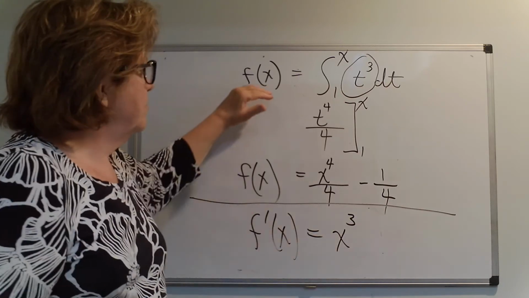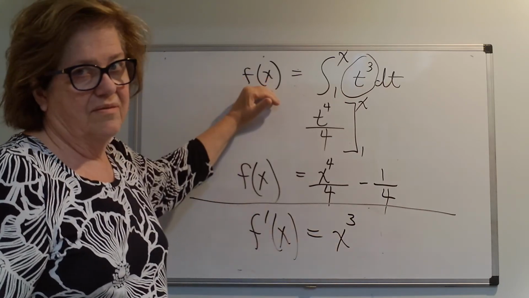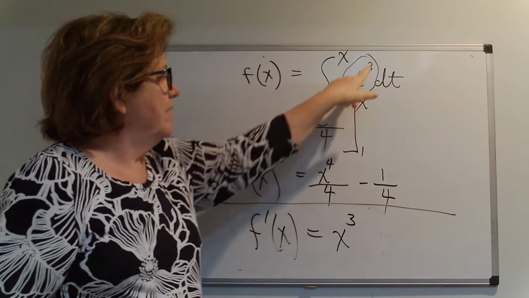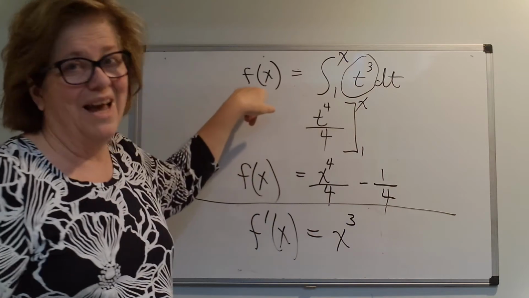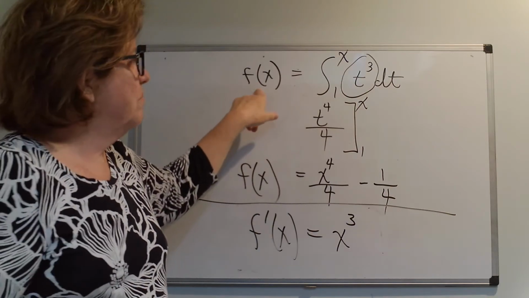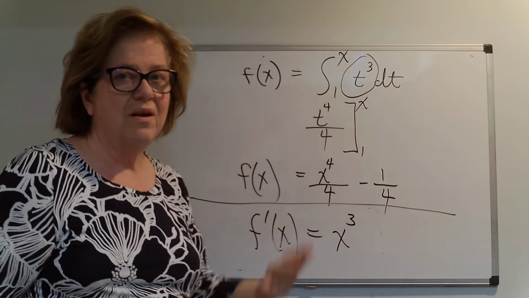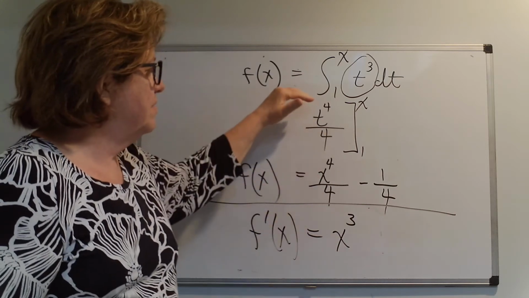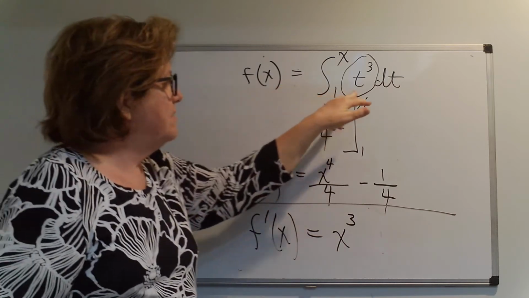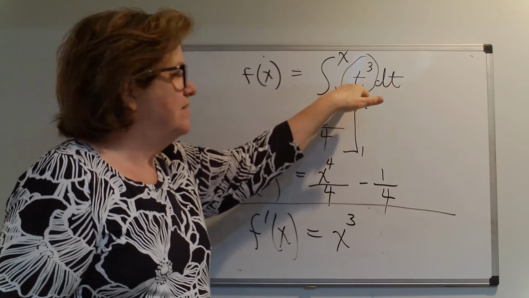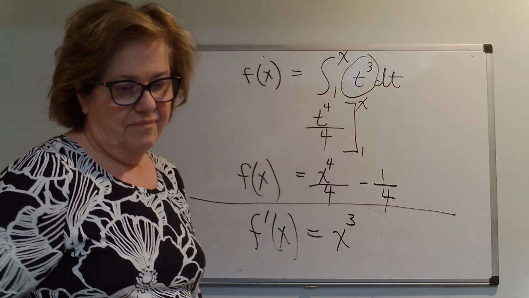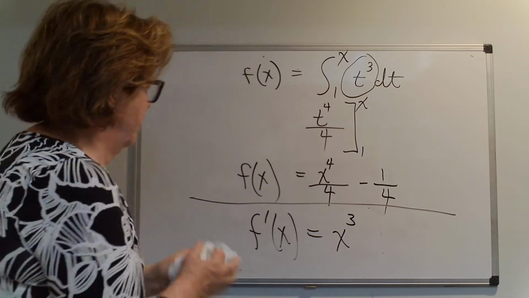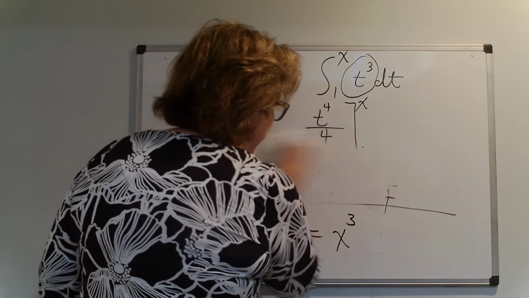So when I take the derivative of this, remember, this inside is the derivative of that. Basically, this is what part 1 of the fundamental theorem of calculus is stating. And basically, that inside it is the derivative of that. Okay, so let's look at a couple of problems.